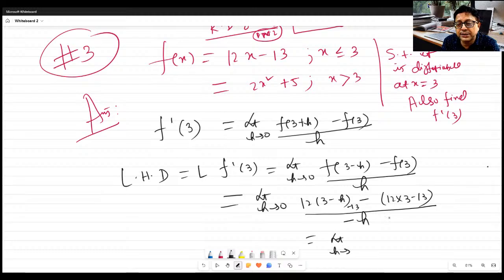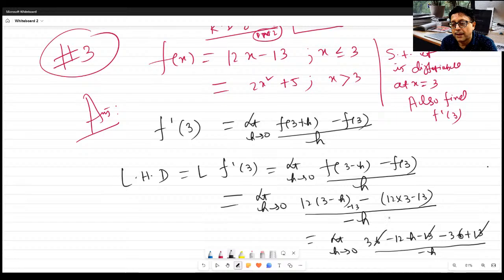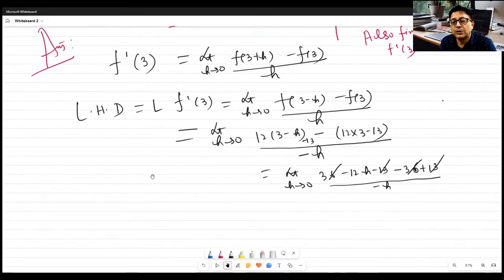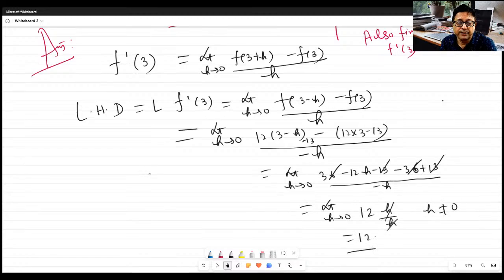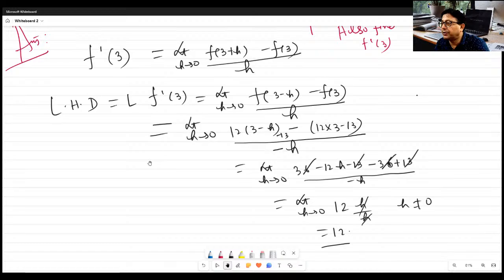So this will be limit h tending to 0, minus 36 plus 13, this by h, so the answer is going to be 12h by h, h not equal to 0. So the value is 12. So you got Lf dash 3 equal to 12.